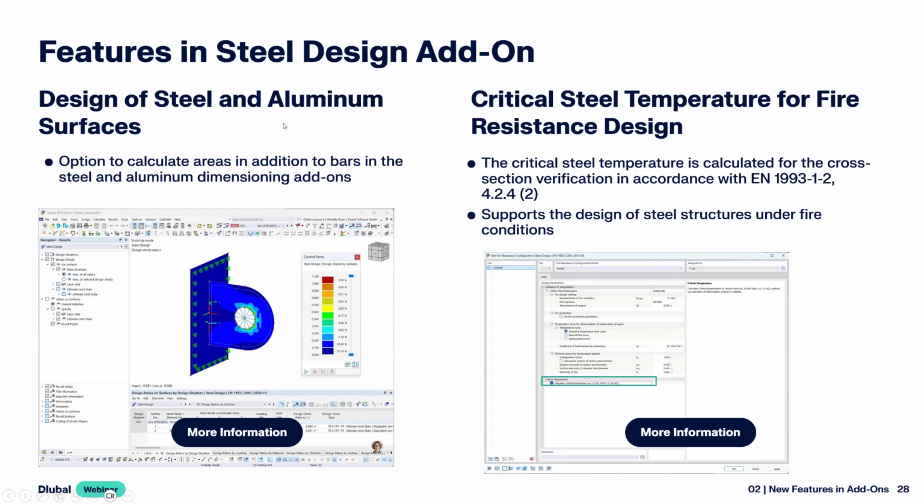Also for the aluminium surfaces. Then the critical steel temperature for fire resistance design can also be used now for the design according to Eurocode 3.1.2 and this paragraph.